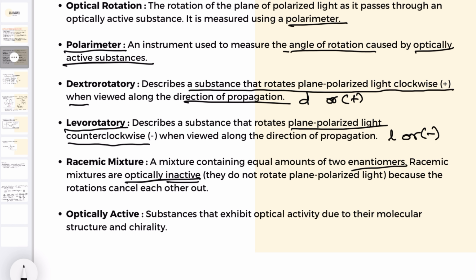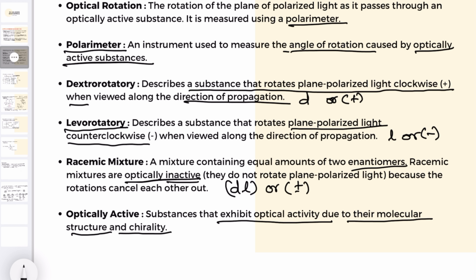Very important point this. They do not rotate the plane polarized light because their rotation cancels each other out. It is denoted by either DL or plus and minus. The next is optically active substances that exhibit the optical activity due to their molecular structure and the chirality.